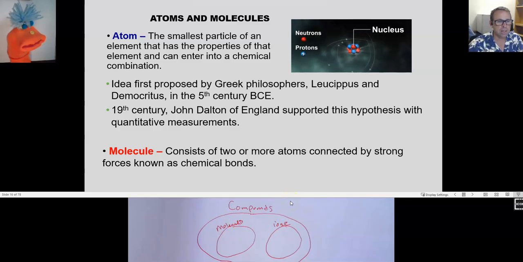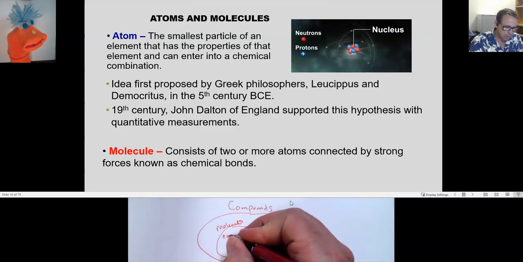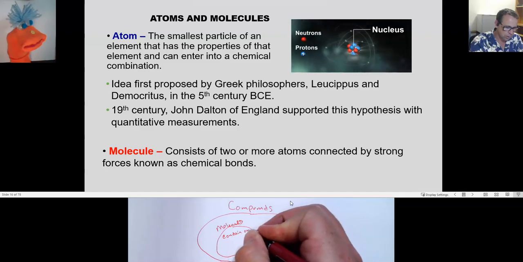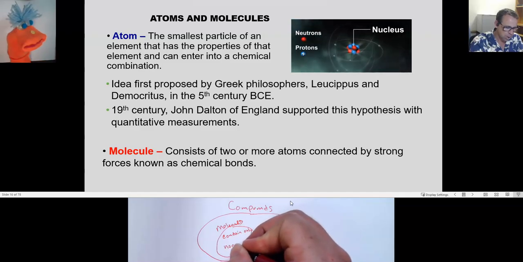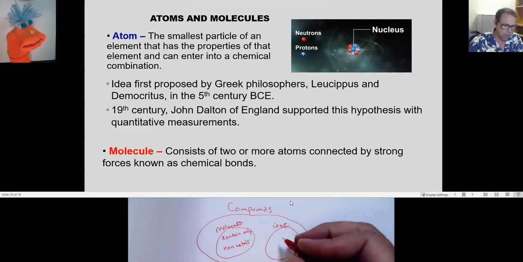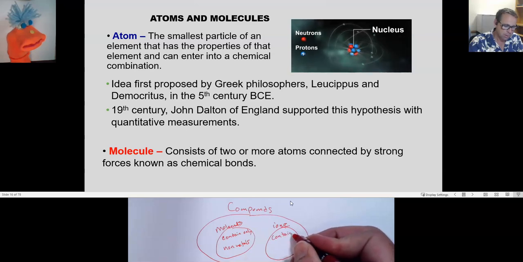All right. And to distinguish between them, molecular compounds contain only non-metals, whereas ionic compounds, for now, our definition will say that they contain a metal.